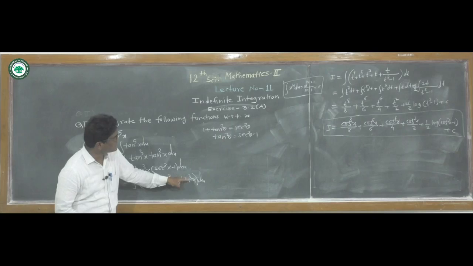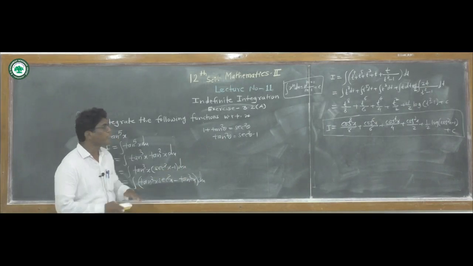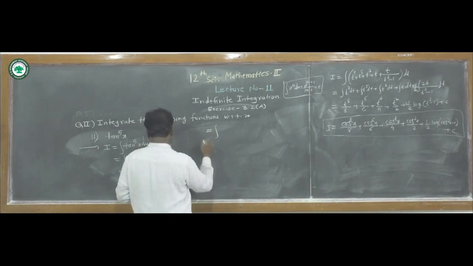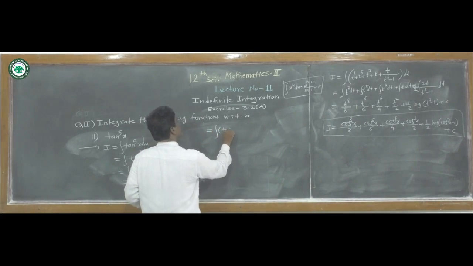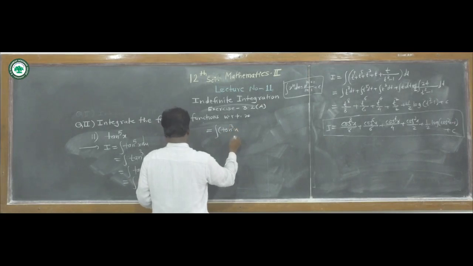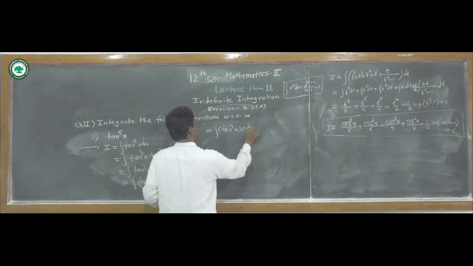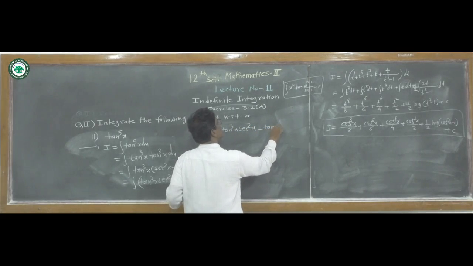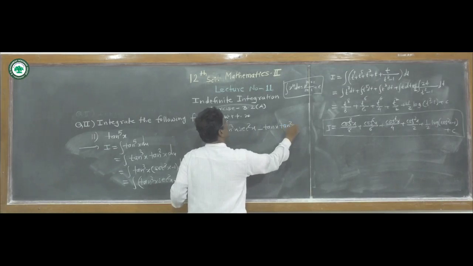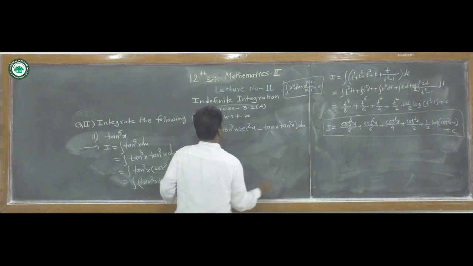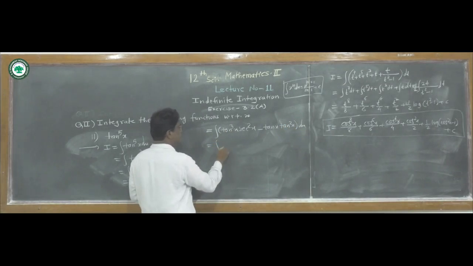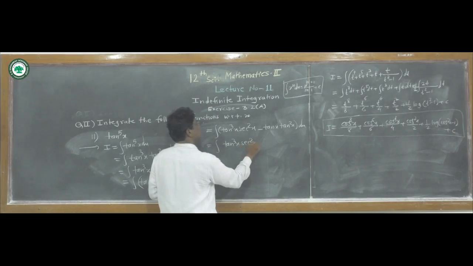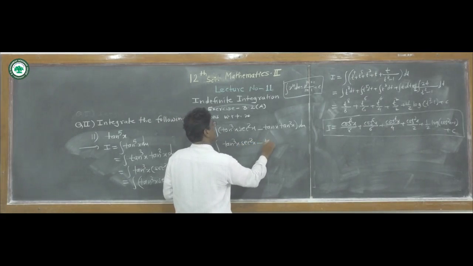We split this power 3 as 1 plus 2. So integration of tan cube x into sec square x, and again write this tan cube x as minus tan x into tan square x dx. So this is equal to integration of tan cube x sec square x as it is, minus tan x.